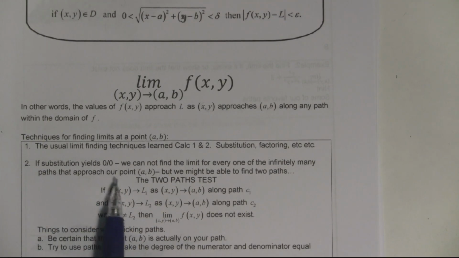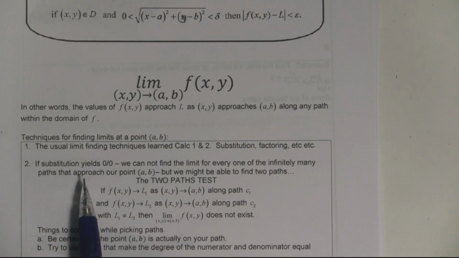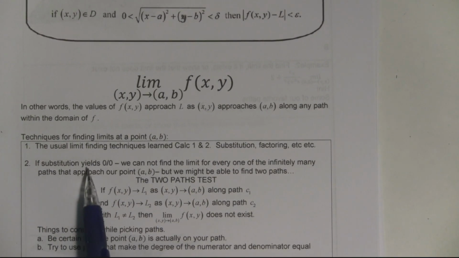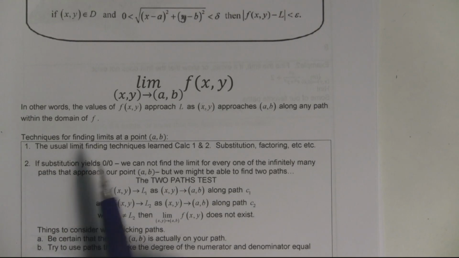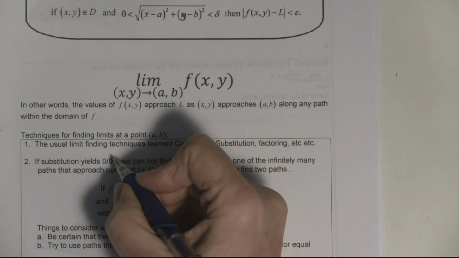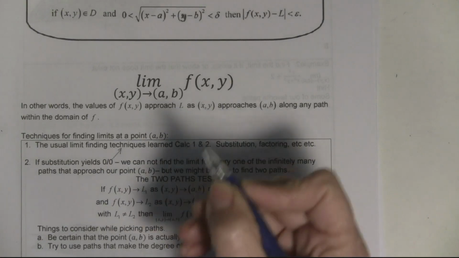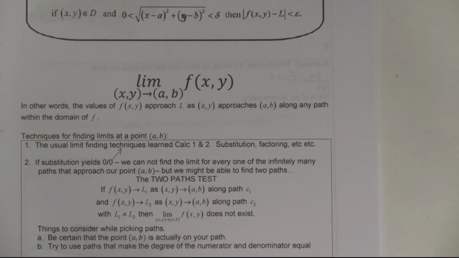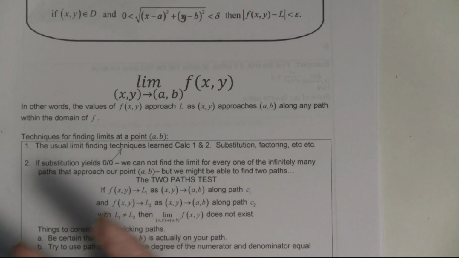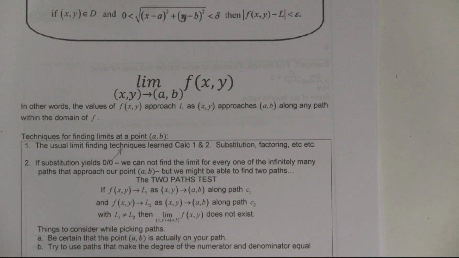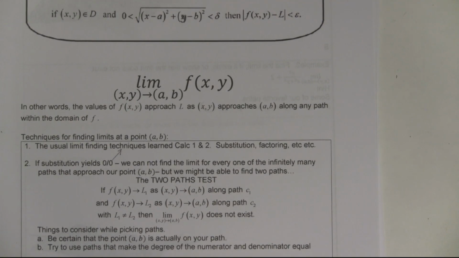And another story is that I wish I wouldn't have written it exactly this way, because substitution could get you 0, 0 here too, and then you could factor it or multiply by the conjugate, and then it turns out to be the limit somehow. But one thing is if you suspect that the limit doesn't exist, if you can show that it's different for two paths, then you can show that the limit doesn't exist.